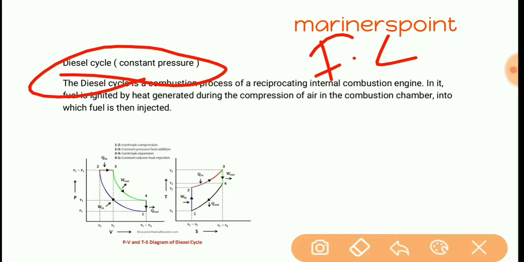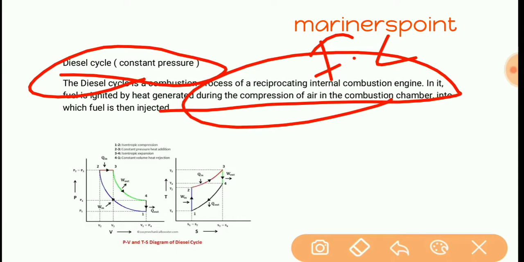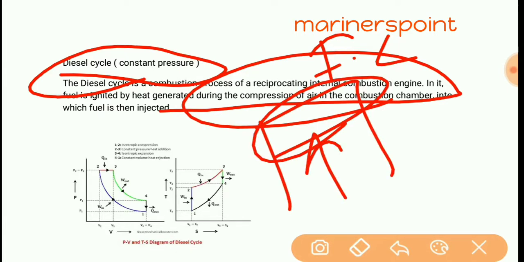When the piston moves, due to compression of air, heat is developed due to which fuel is ignited. So let us come to the figure.